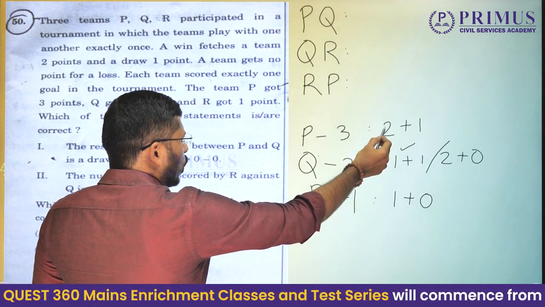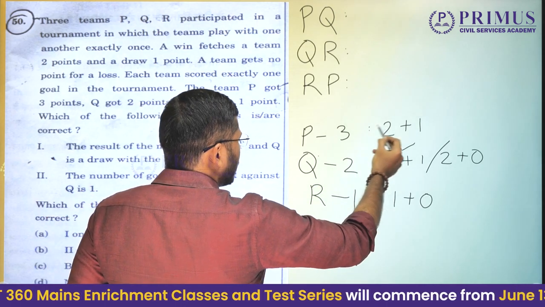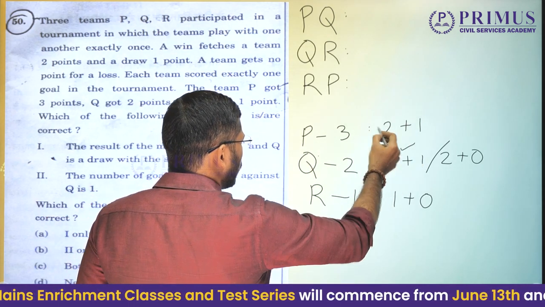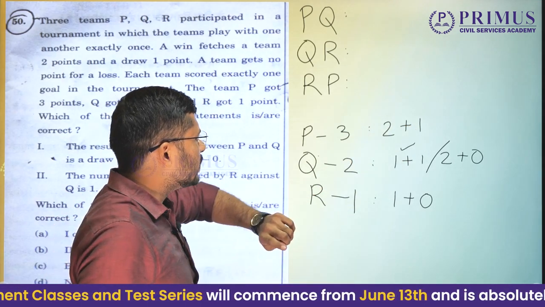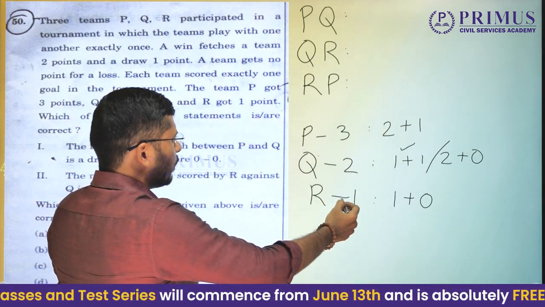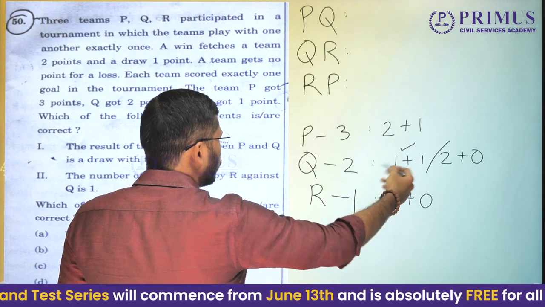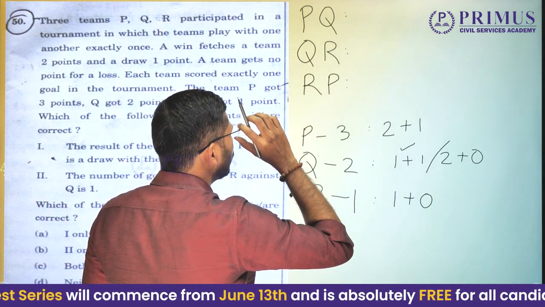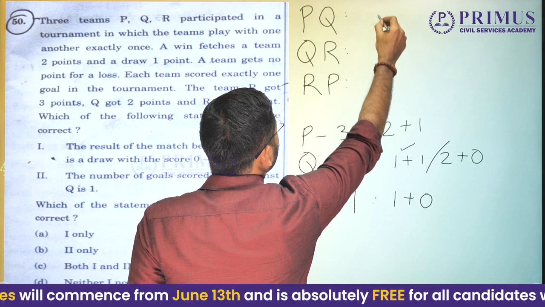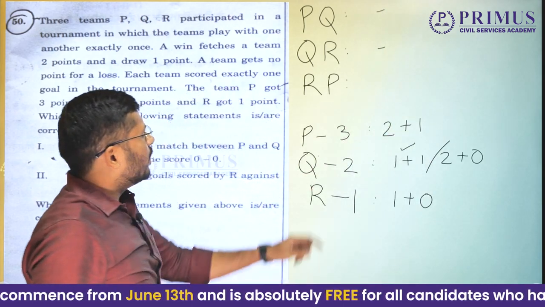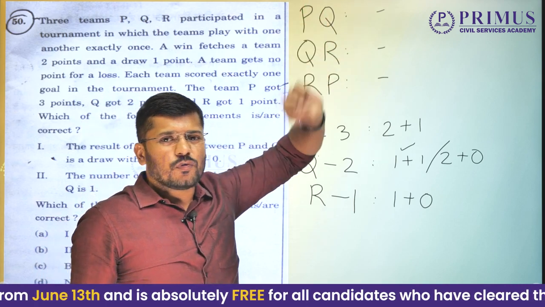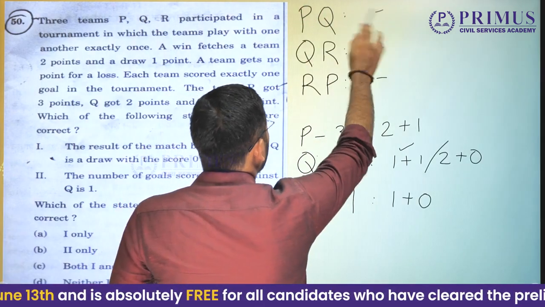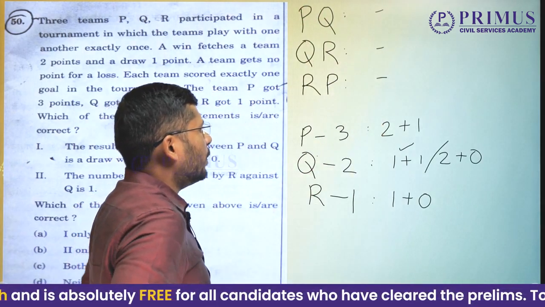So now P has won in one match and made a draw in another match, and Q has drawn in both the matches. Now we will express this in terms of number of goals. In the match between P and Q, what could have happened?